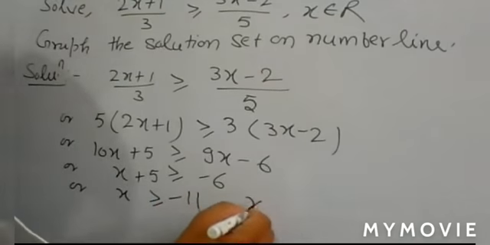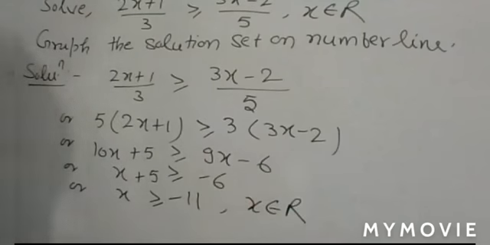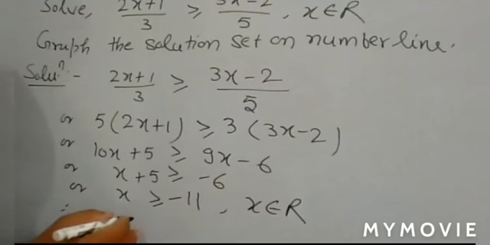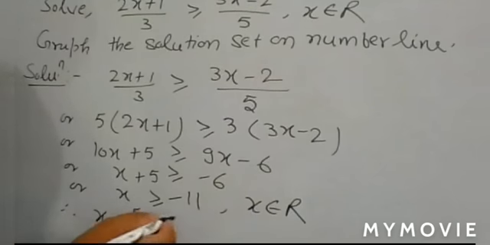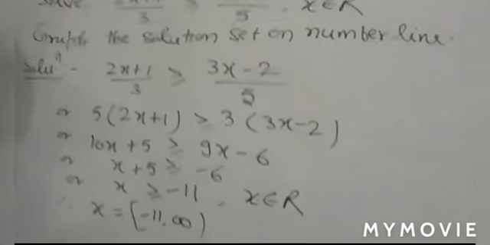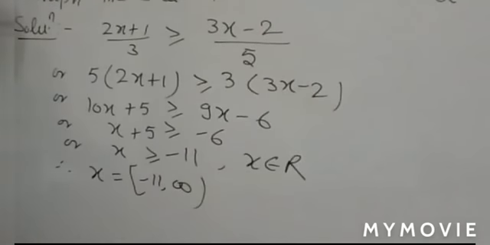Here it is given x belongs to real numbers, so you can say the value of x is in the interval [-11, ∞). You have to write it in this way. Understand?